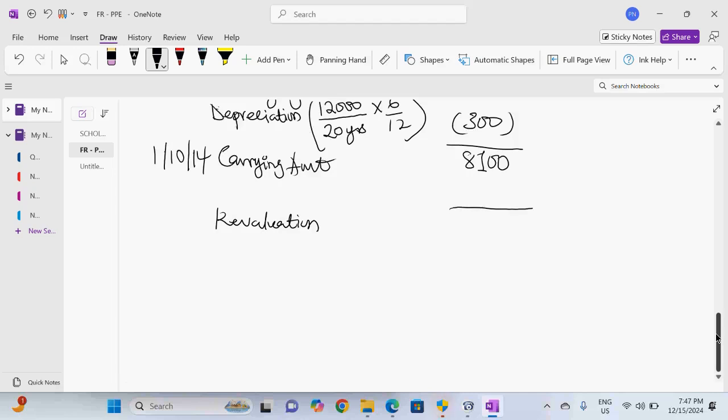What is the revaluation amount? 10.8 million, that is 10,800. So is it an upward revaluation or a downward revaluation?